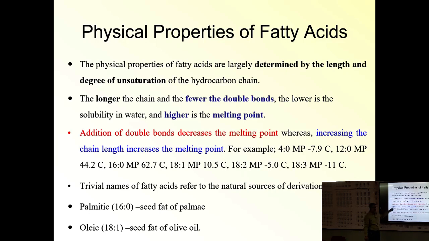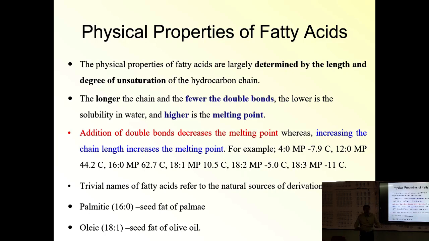So remember these words: decreasing the melting point. How can you decrease the melting point? By addition of double bonds. Similarly, fewer double bonds means saturation is more, then it has a higher melting point.